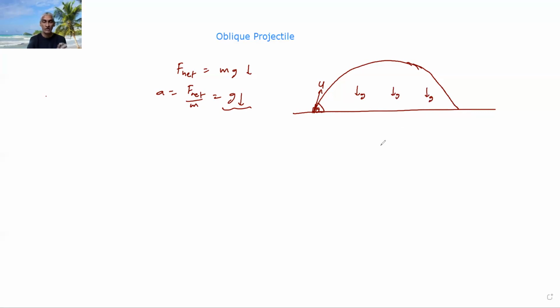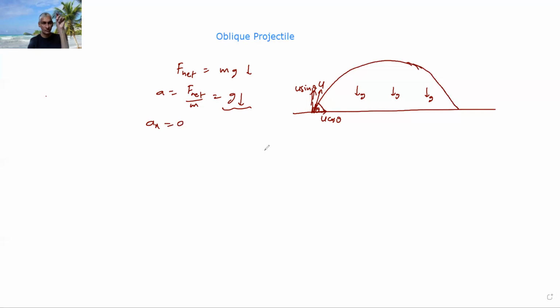So let us resolve the velocity along the acceleration and perpendicular to the acceleration. In the horizontal direction, the component is u cos theta. In the vertical direction, where we have acceleration, it is u sin theta, right? Now you see, acceleration in x direction is equal to 0, right?